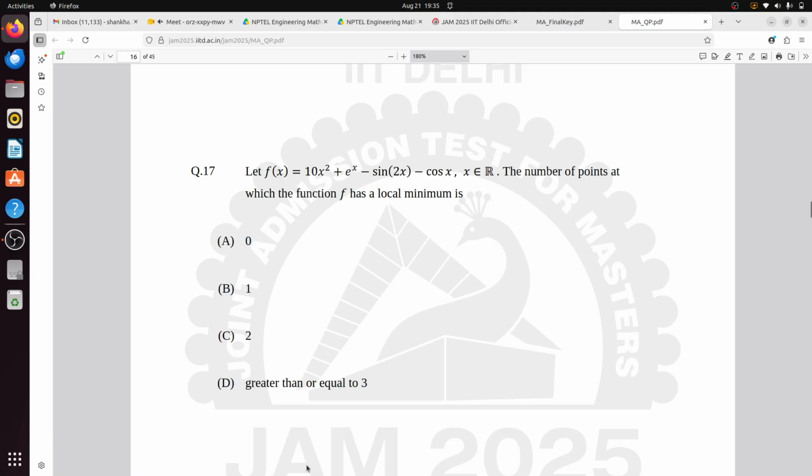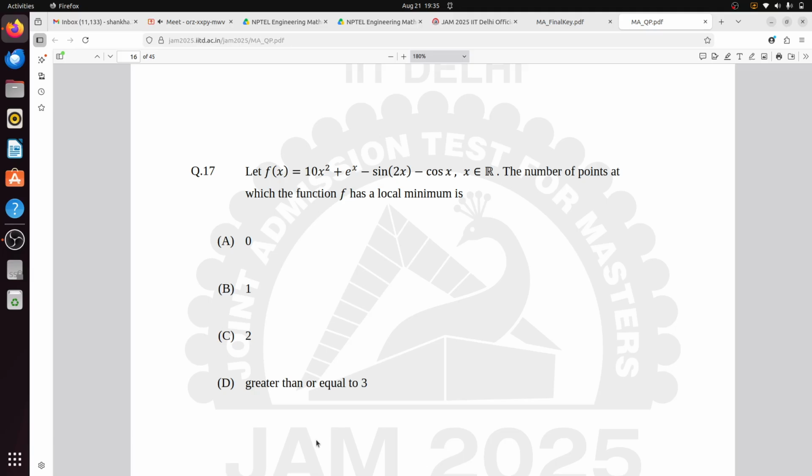The number of points at which the function f has a local minimum. Okay, so you calculate df/dx. df/dx will give you 10x² plus 20x plus eˣ minus 2 cos 2x plus sin x, equal to 0.